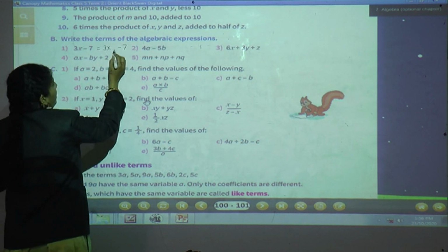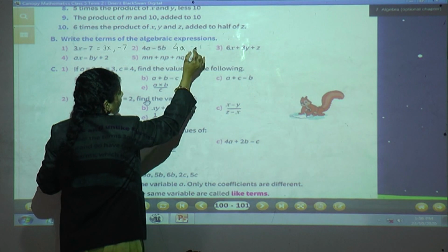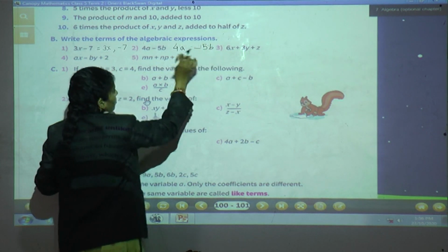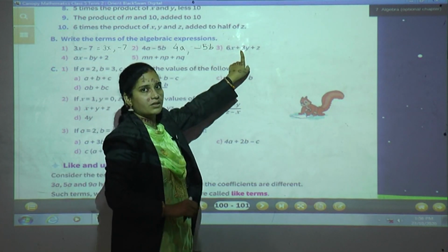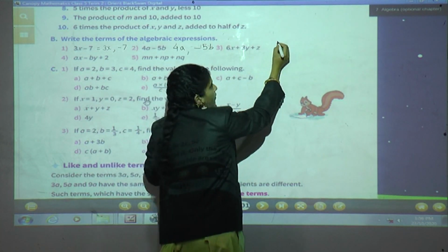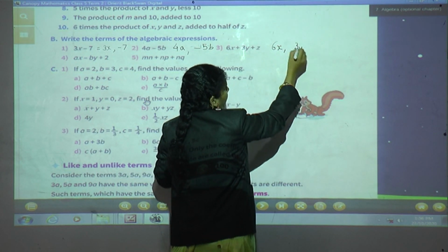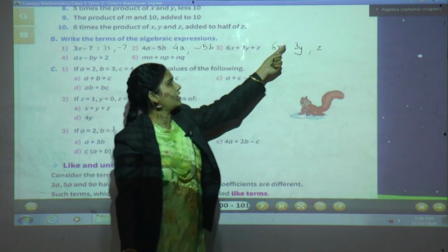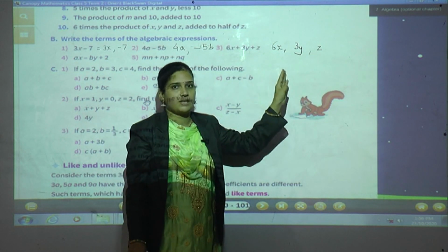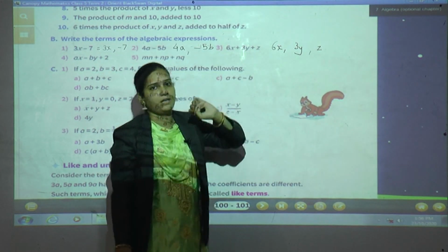Okay, now here in the second one, 4a and minus 5 are the two terms. Now you tell me the terms in the third one. Yes, 6x, here 3y and here z. Here you have not written the plus sign. That means if there is a plus sign, we can write only the number and letters.